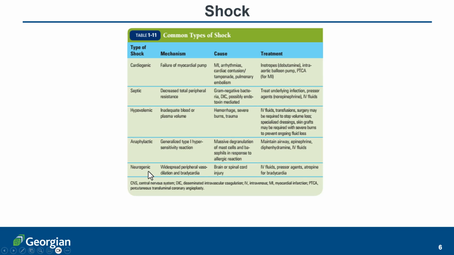In the case of neurogenic shock, you have inappropriate activation of the sympathetic nervous system. You have dysregulation of the sympathetic nervous system. Again, you have widespread peripheral vasodilation, as well as bradycardia. Normally in shock, the compensatory response is tachycardia because of activation of the sympathetic nervous system. Here, the sympathetic nervous system is just completely dysregulated, so you have vasodilation.